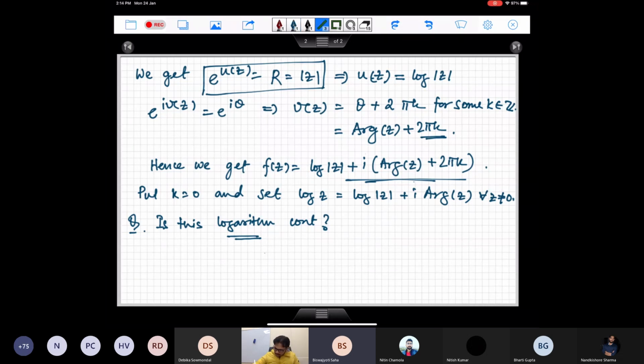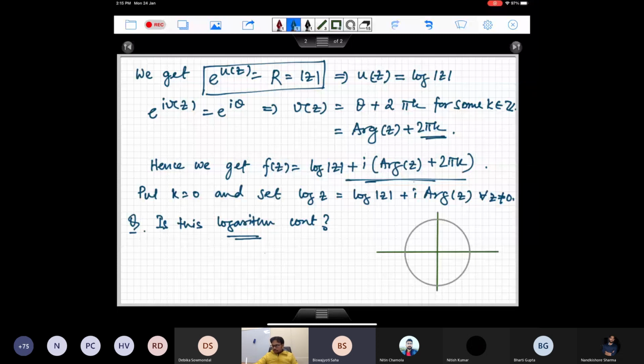So let me draw a picture, and then it will be very easy to notice. Let us have the coordinate system in place, and let us have the circle. We said we are going to allow minus pi to plus pi.